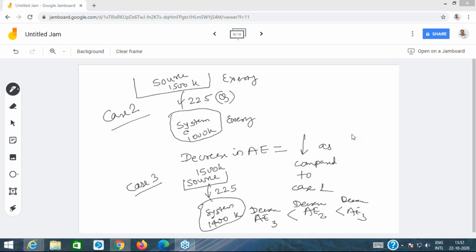The formulas you forget, just look at it from the conceptual angle. You will get the formulas right. So please note that if you decrease the temperature difference between the system and the source, then the quality of the energy is degraded less. We are interested in seeing that the quality of the energy is degraded less.